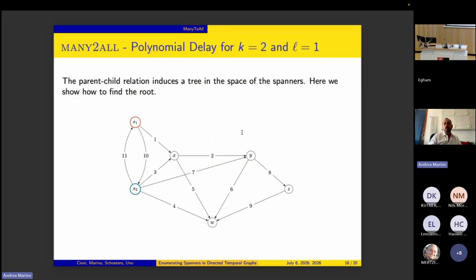So you have to start from a root, from one solution, to start the DFS in the graph of solutions, and the root discovery goes like this. Since we are assuming that L is equal to 1, there is a total ordering of the edges. So you process the edges in order, and you include in the partial solution those that increase the reachability.